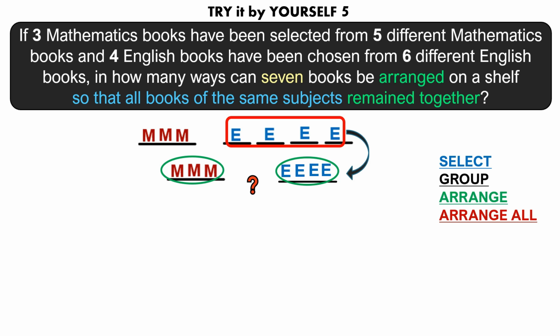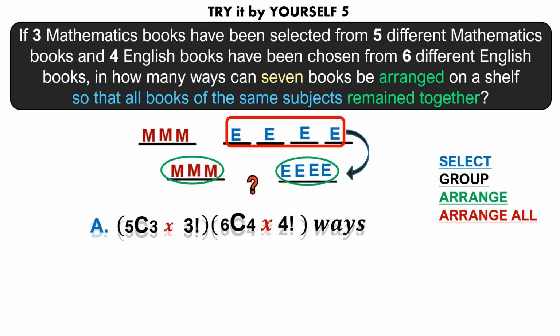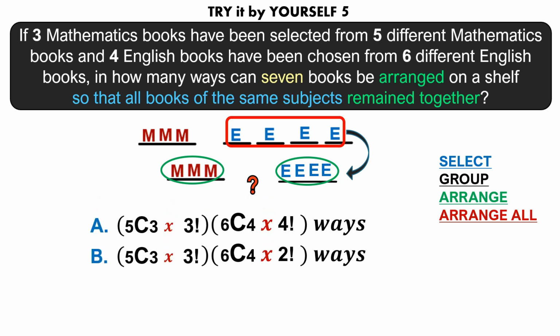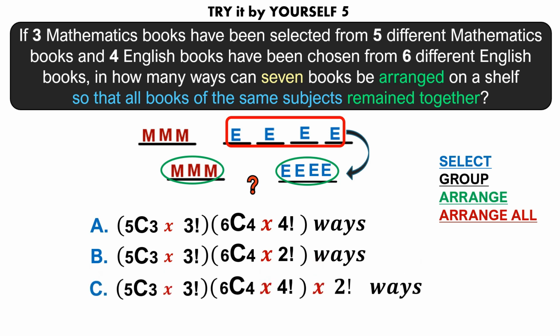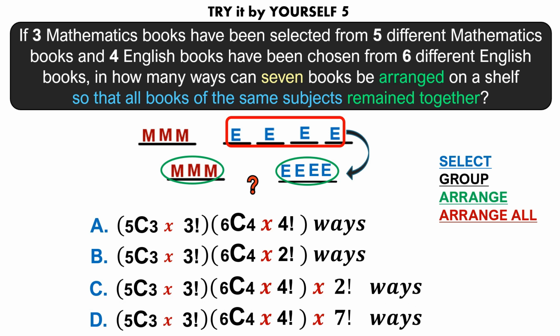Now, if you apply these steps, which of the following choices would give us the correct expression or notation of the number of ways of arranging 7 books such that all the books of the same subjects remain together? Is it A, B, C, or D? I'll give you a few seconds to solve this problem.